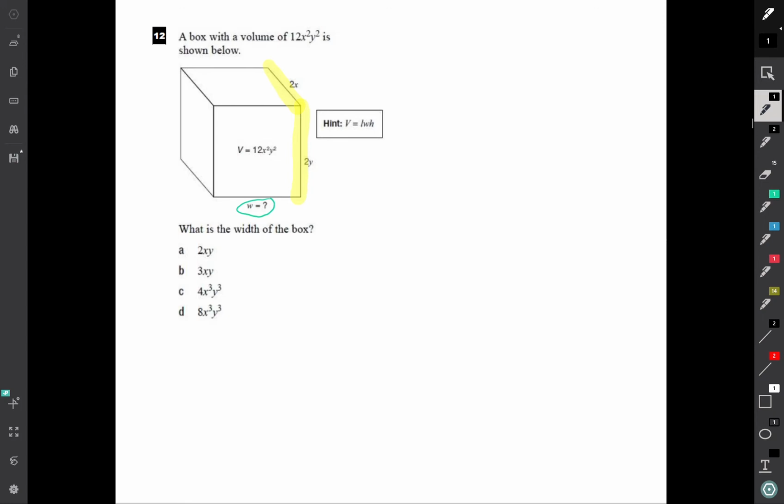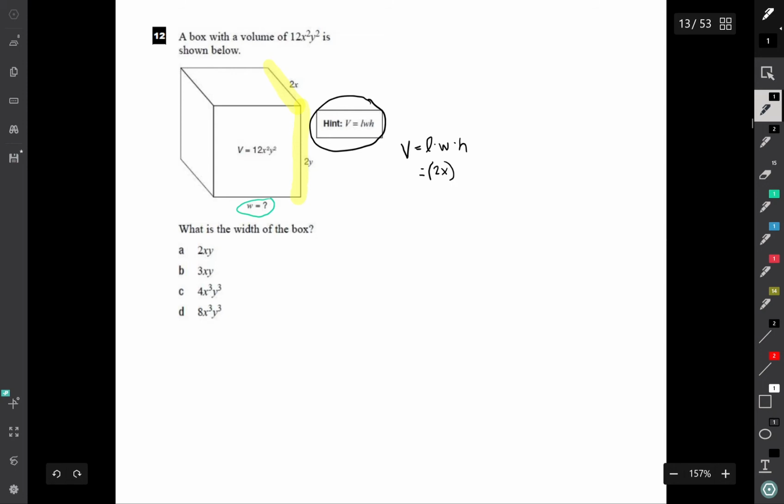Okay, so let's think about how we're going to do that. We're going to start off with the hint that's given. The equation for volume of a box or rectangular prism is length times width times height. So for length, we have 2x.